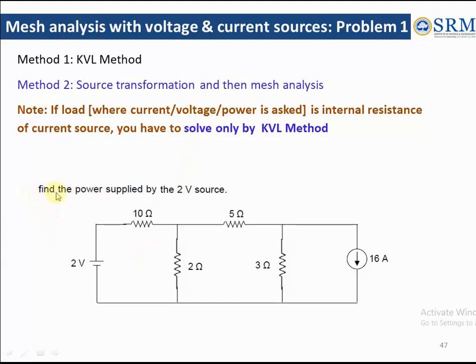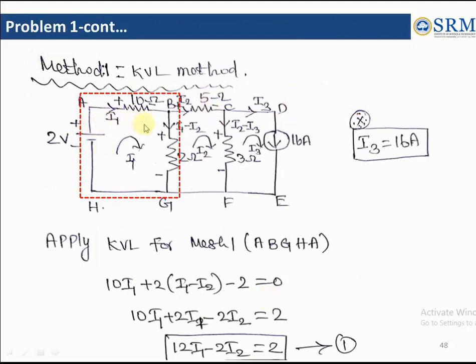In this circuit they asked to find the power supplied by the 2 volt source. First we are going to use method 1, the KVL method. For that, take the circuit and mark the current direction clockwise, and mark the meshes A, B, C, D, E, F, G, H. By seeing the third mesh, we can easily identify the current through the mesh is through the 16 ohm, I3 is 16.